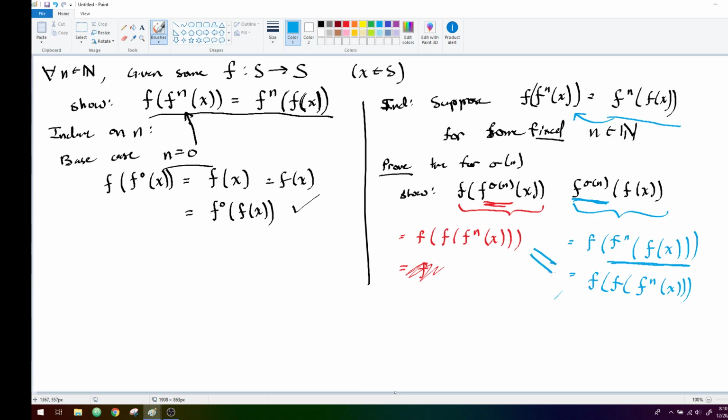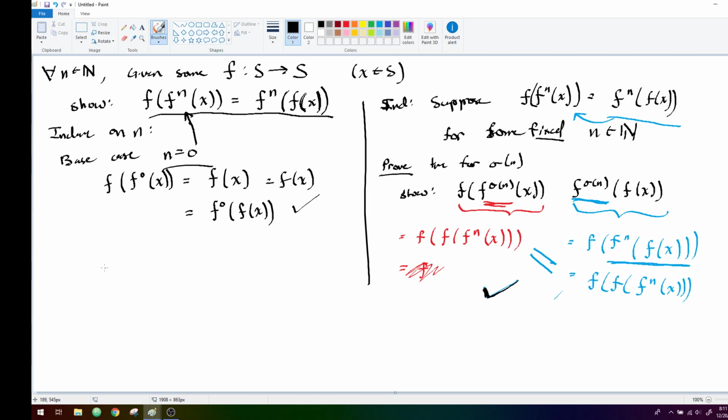And since these two are equal to each other, we've now completed our proof of the inductive step. And that shows via induction, let's use a black check mark to indicate that we've proven everything. We've now proven via induction that this law in general holds for all n.